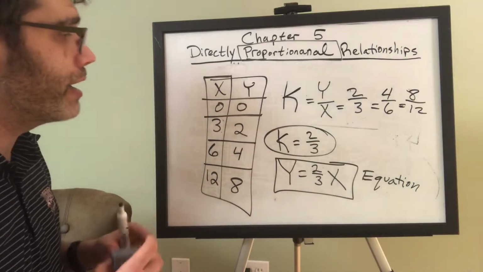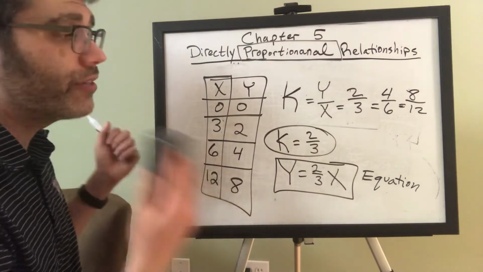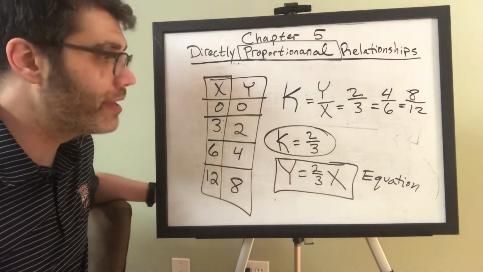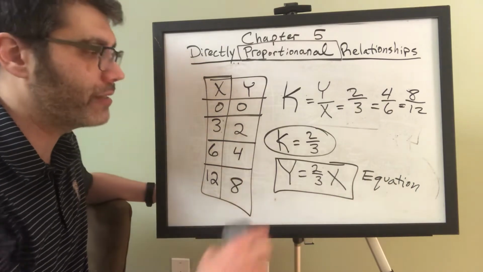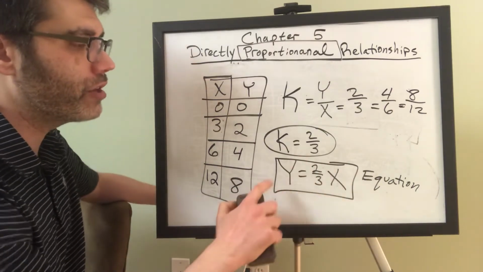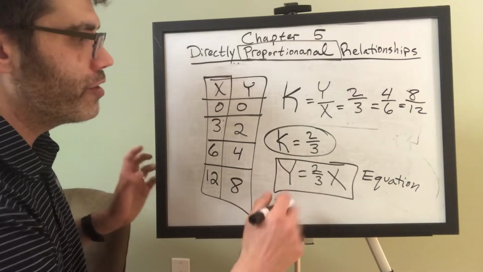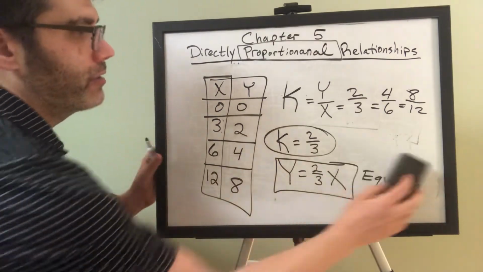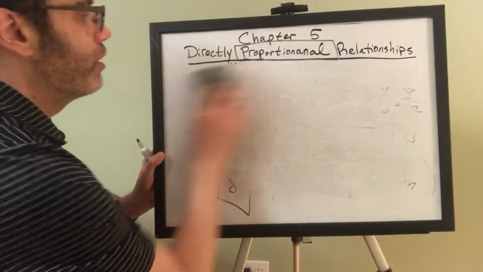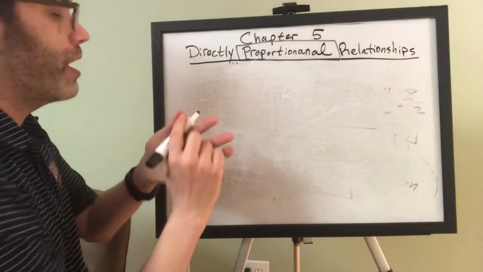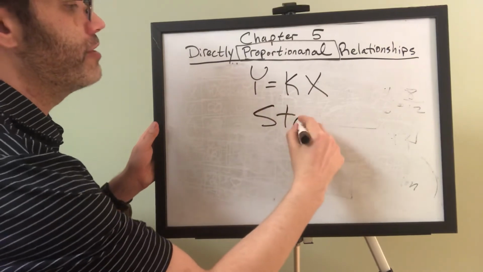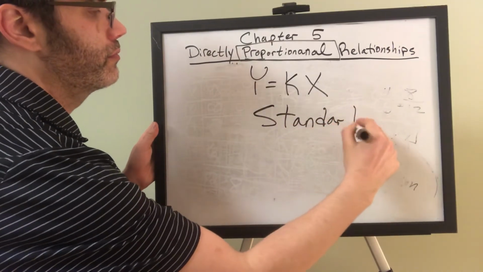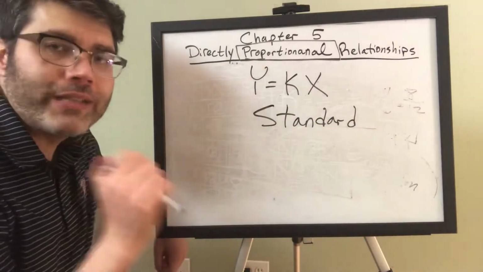And we can also have other kinds of equations that maybe don't look like this, but we can get them into that form. So this is called the standard form. When you have y equals kx, we'll call that the standard form, the standard equation that we want. Okay? Why is it standard?